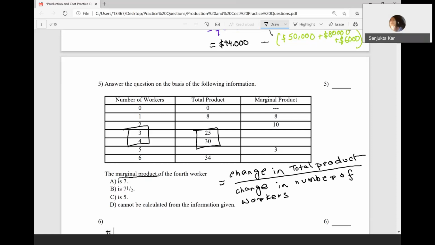So here the marginal product will be equal to 30 minus 25 over 4 minus 3. So this is equal to 5.